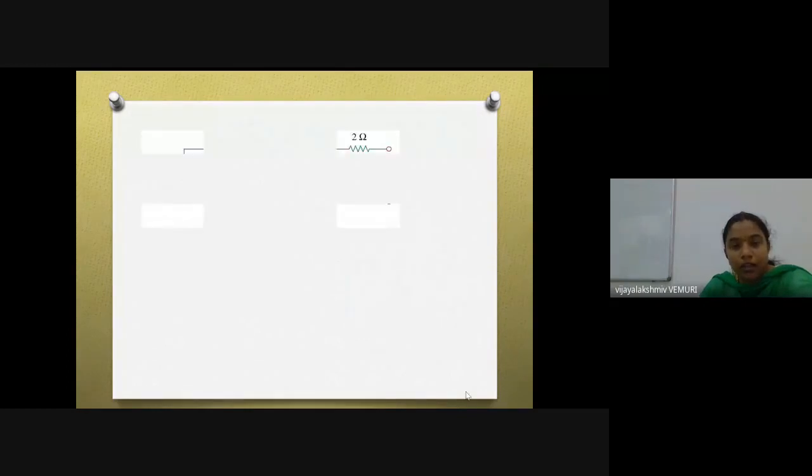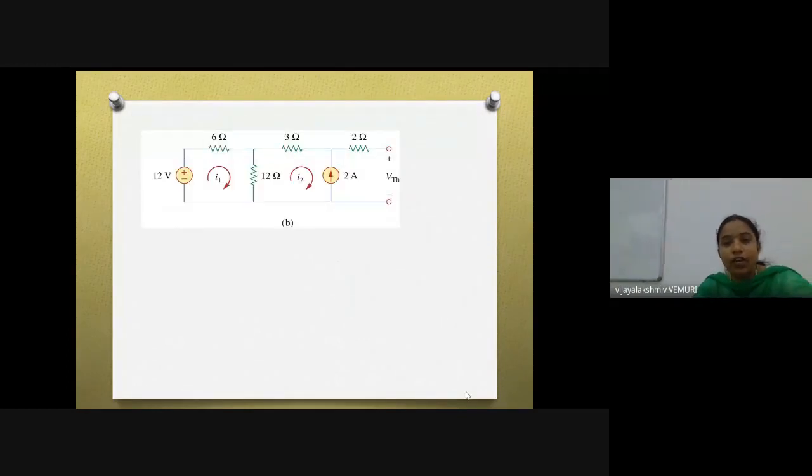Next step. You have to find out what is the Thevenin equivalent voltage. We have open circuited that RL ohms resistor. Then you have to find out the Thevenin voltage. So can anyone tell me across which branch I can find the Thevenin voltage? How to find the Thevenin voltage?